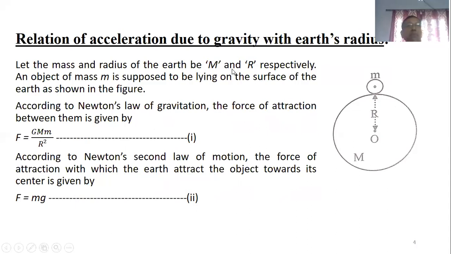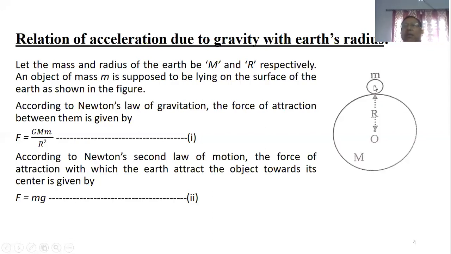An object of mass m is supposed to be lying on the surface of the Earth as shown in the figure. This is the mass of the Earth, written M, this big circle-like structure, that is the sphere, and this small body which is lying on the surface of the Earth is denoted by small m.